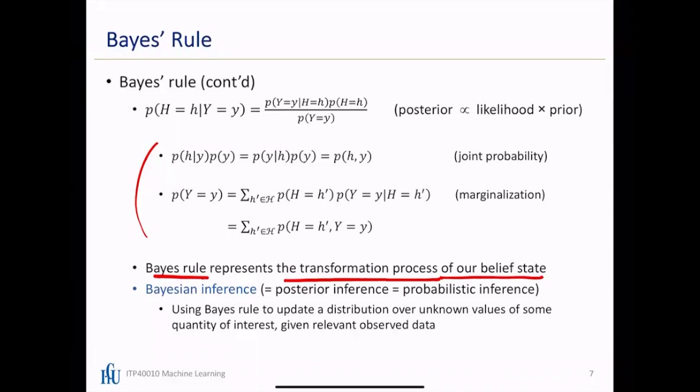So we want to model that in terms of probability, and that is Bayes' rule. Bayesian inference is using Bayes' rule to update this entire thing. Given an observation, this is your prior knowledge, and what will be your posterior knowledge or posterior belief? That is what Bayesian inference is basically interested in.